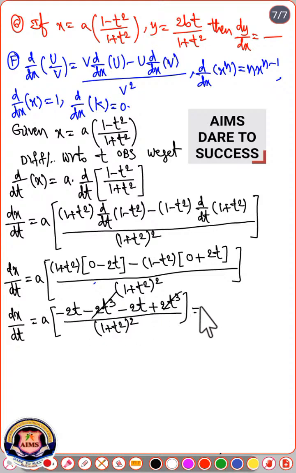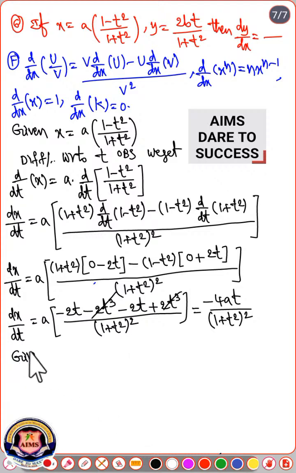The final answer for dx by dt: minus 2t minus 2t is minus 4t, into a is minus 4at, whole divided by (1 plus t square) whole square. This is dx by dt value.